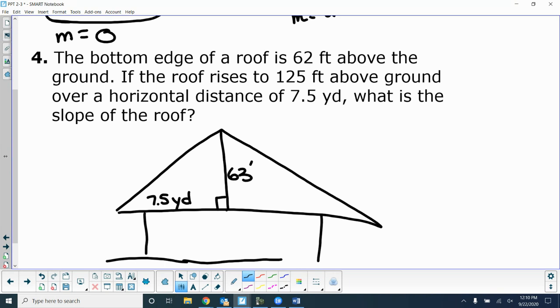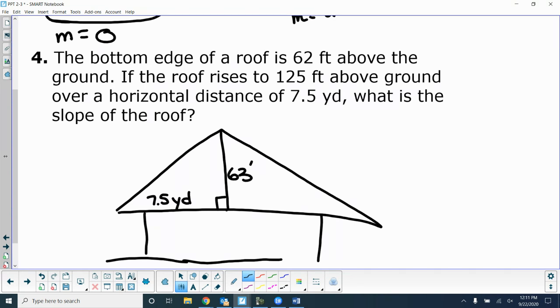Right, we gotta use the same units. They're using yards and feet here. So you gotta make them both yards or both feet. That make sense? So you get the correct slope. So if you put 63 over 7.5, you're thinking right, but you gotta have the same unit, okay?